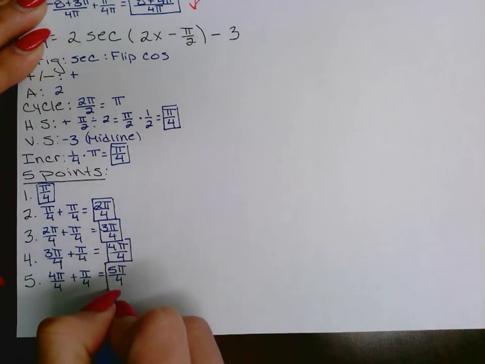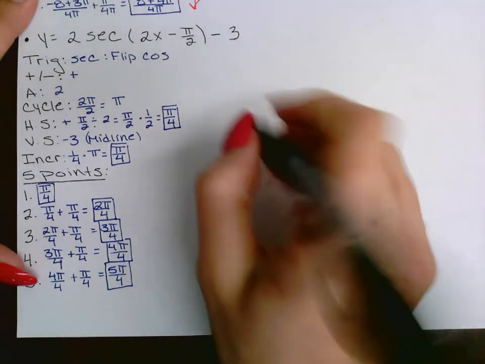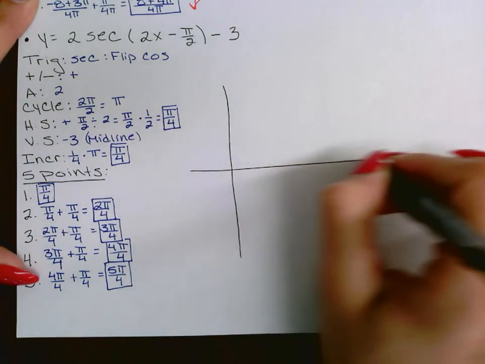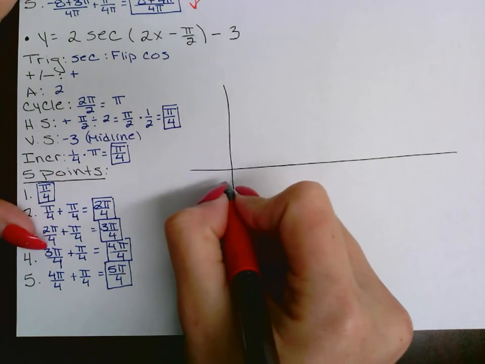All right, so as we go now to draw our graph, we see that all of our 5 points are positive. So I can draw my y-axis all the way to the left. The first thing that I draw is my midline. My midline is at -3.